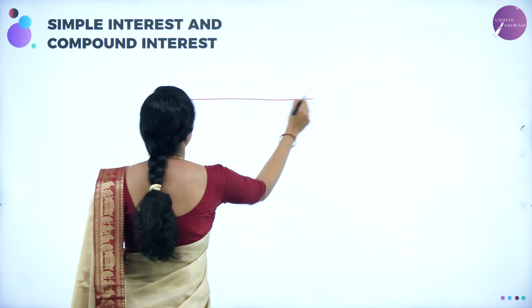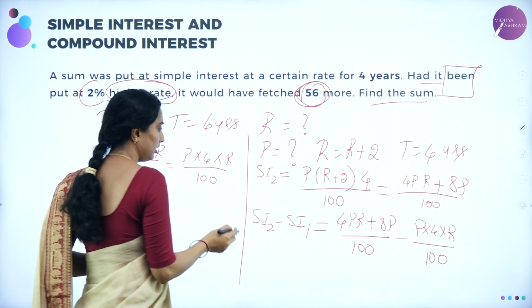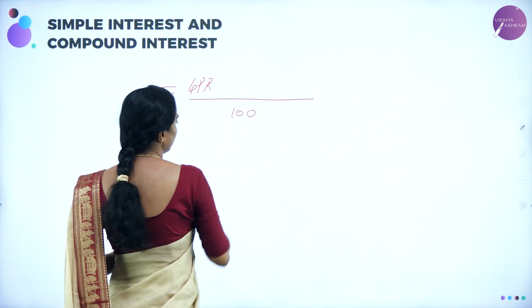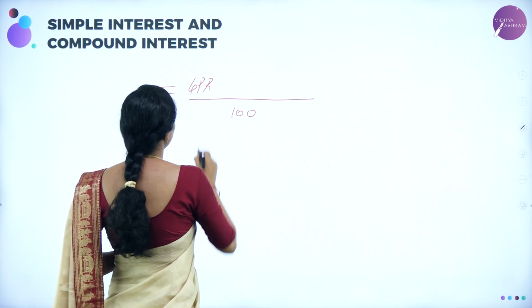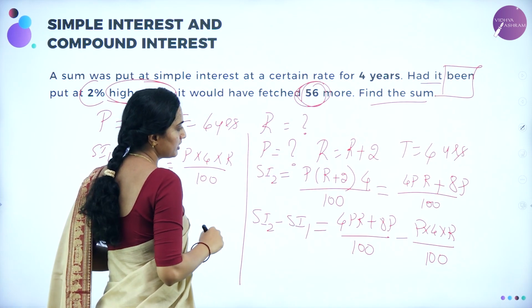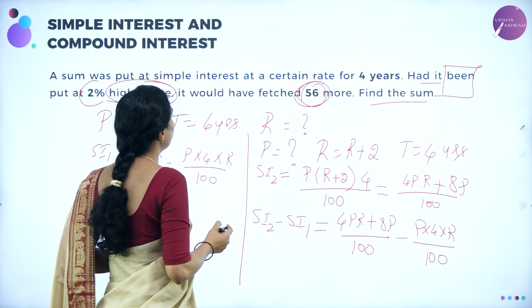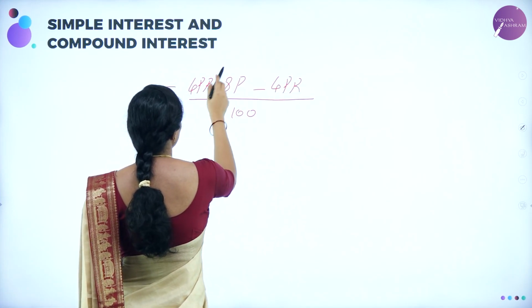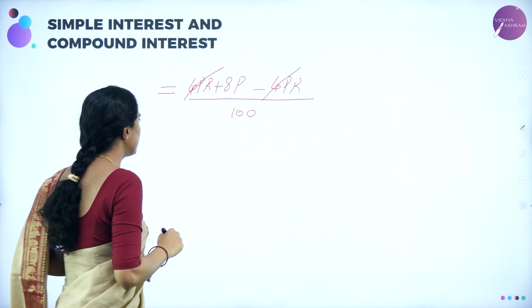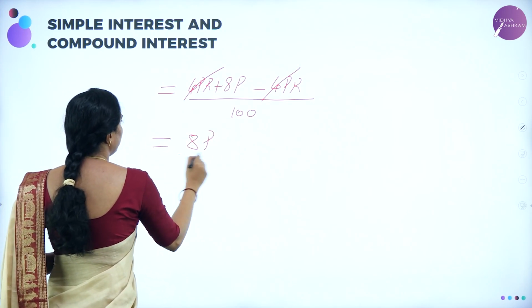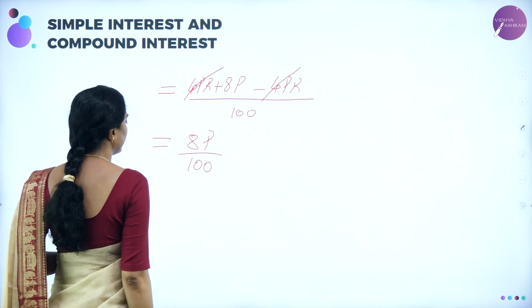The difference will be 4PR plus 8P minus 4PR over 100. Now 4PR will get cancelled, so SI2 minus SI1 is nothing but 8P divided by 100.